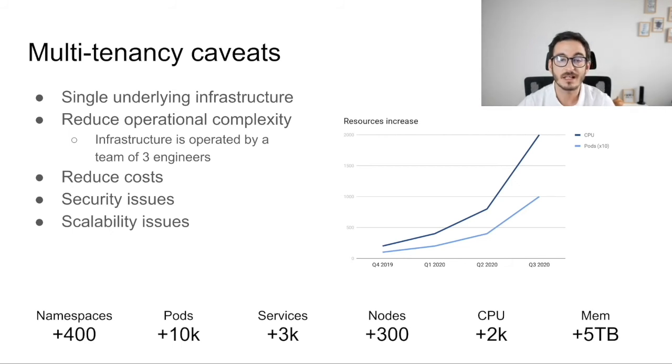A multi-tenant cluster introduces new security challenges where no application can be trusted, and we need mechanisms to enforce security measures. As you can see, our cluster is not very big, but also it is not small, and there has been an exponential growth, so we need to pay attention to future scalability issues.